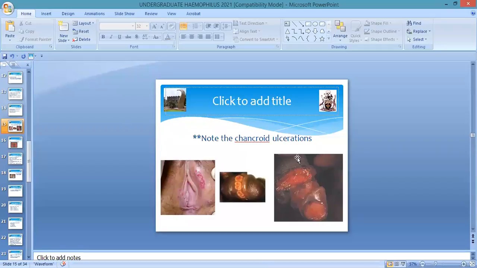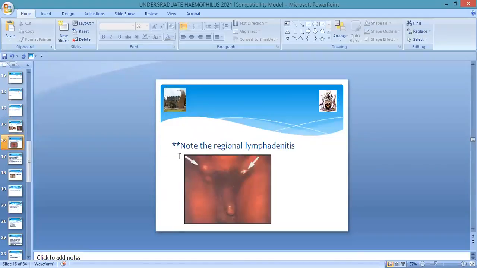So note the chancroid ulcerations, which are basically the ulcers within the genital tract. So note that Haemophilus ducreyi causes genital ulcers. It doesn't cause secretions, okay, but ulceration. And of course, sometimes you get regional lymphadenitis when you get pyogenic inflammation.